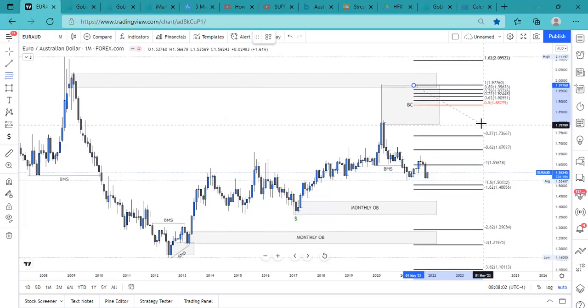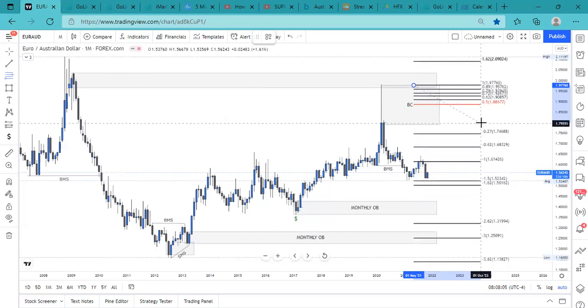Okay, because that's a rejection candle. Yes, that's a rejection block. Okay.